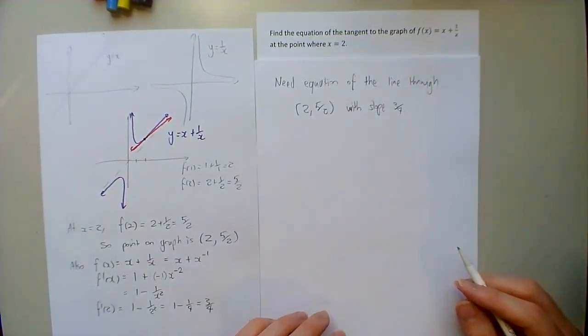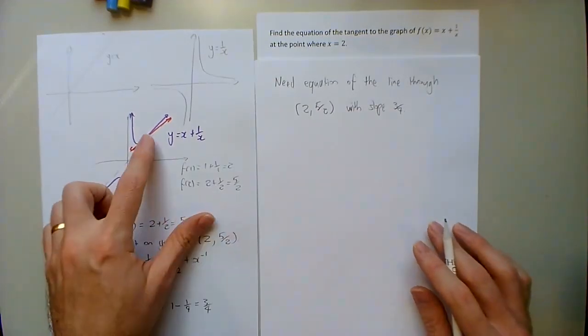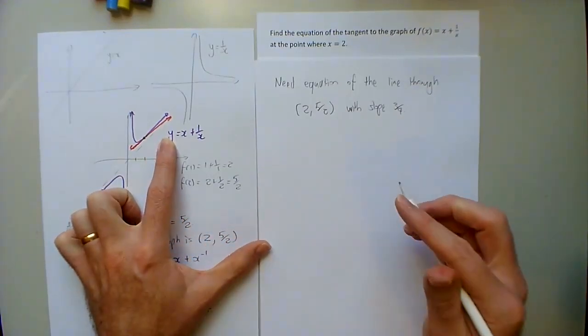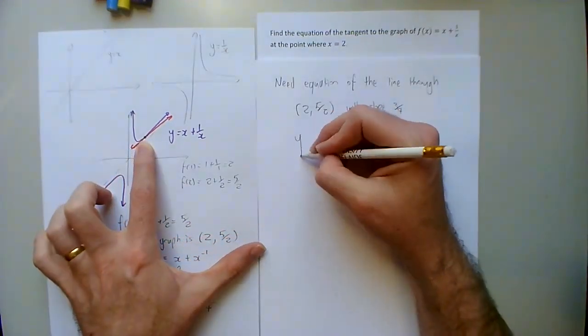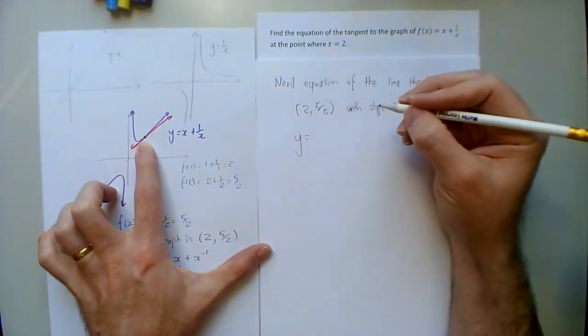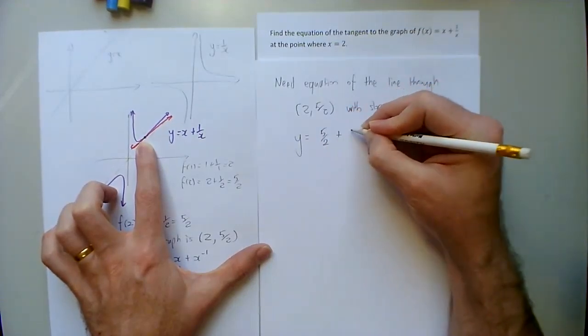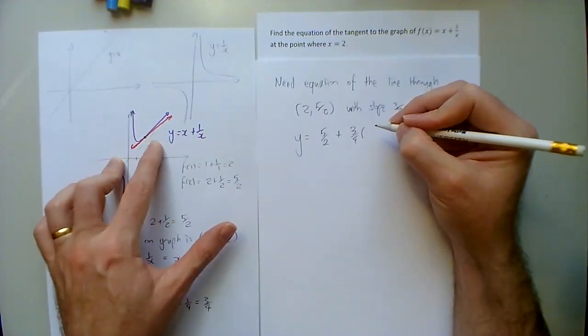Okay, well, a line of slope 3/4 will go up 3/4 for every one across. And it will have height 5 over 2 when x is 2. So if it starts at 5 over 2, and then it's 3/4 for every distance we move upwards from that point.